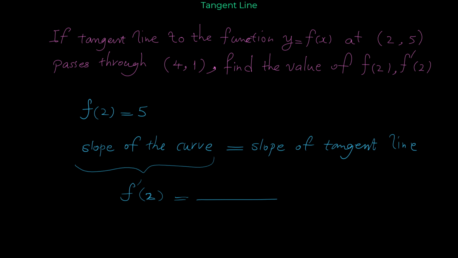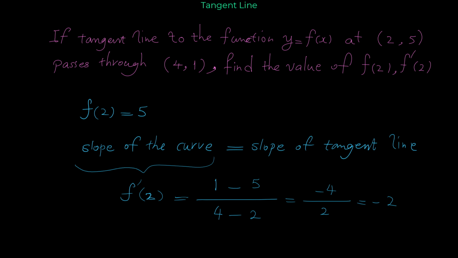So the slope of the tangent line is 1 minus 5 over 4 minus 2. This equals negative 4 over 2, which equals negative 2.